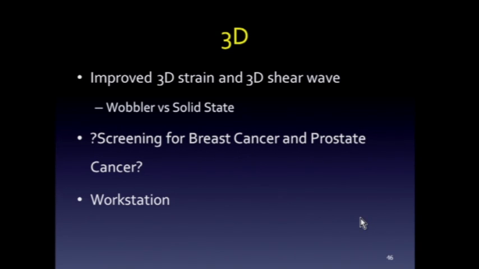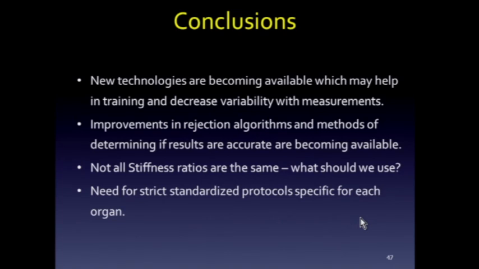I think the answer is yes, but the systems have to cover a wider field of view than they do now, and have to be able to collect data a little bit sooner. And as we get more and more information, do we need a workstation so that we can look at many of these other factors that the vendors are not presenting to us now, to give us a better idea of the quality of the work and which data points are more accurate?